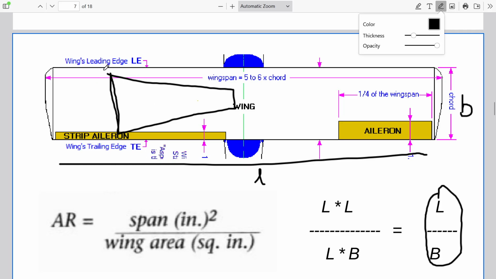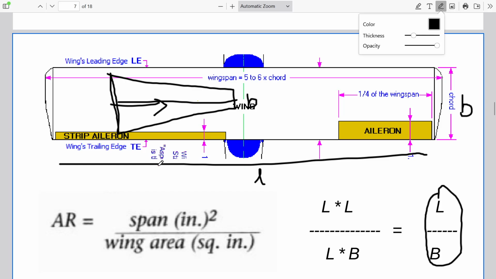It's wider at the root. That means we cannot exactly say that this is B and the aspect ratio will be L by B. No, the width is ever changing. The more you go to your right, the width is getting smaller. That means you can't exactly use this formula L by B. That's why we always have this constant L.